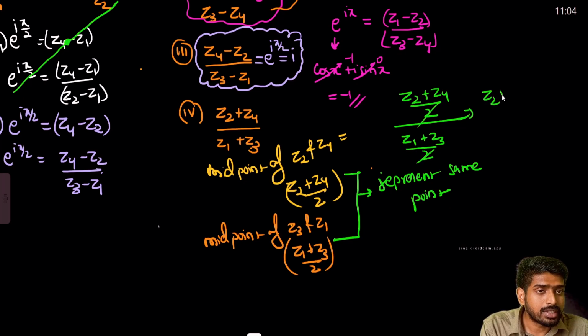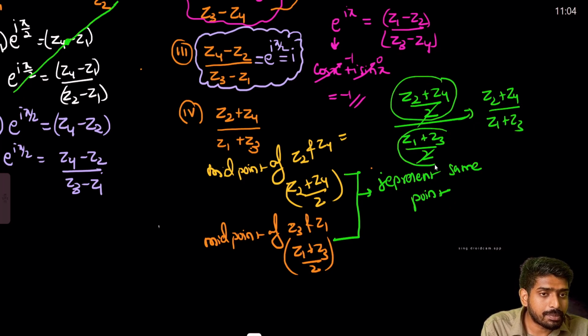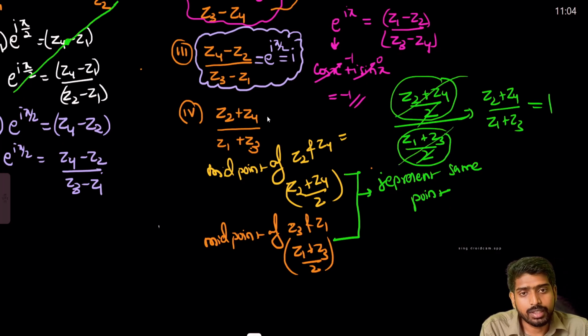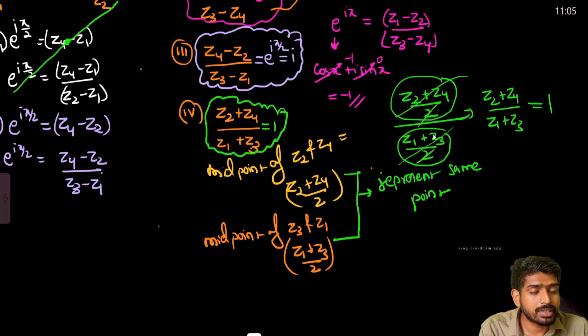Here we get z2 plus z4 and z1 plus z3. Now this one represents the same point, and this one represents the same point. So these two will cancel and our answer will be 1. The value of this ratio will be 1, because this is also the same complex number. Got it?